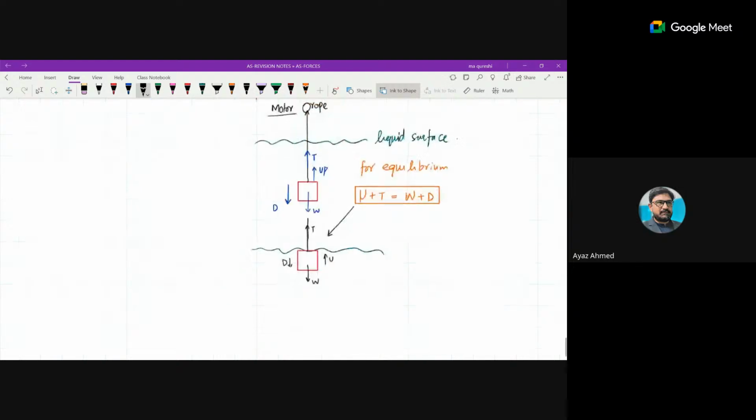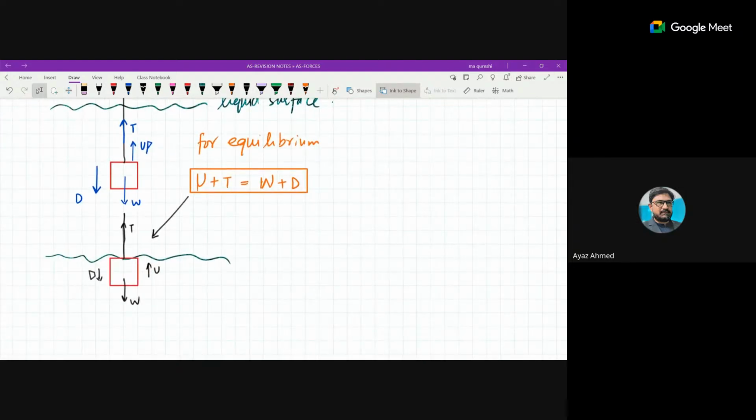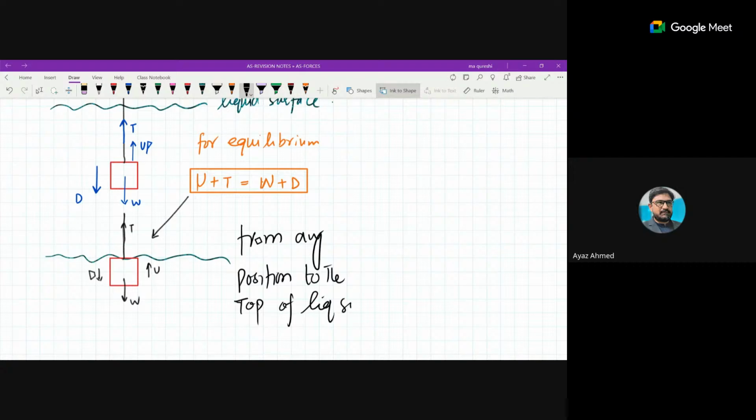Are you getting my point? From any position at the bottom to the top of the liquid surface, this will be the situation throughout.